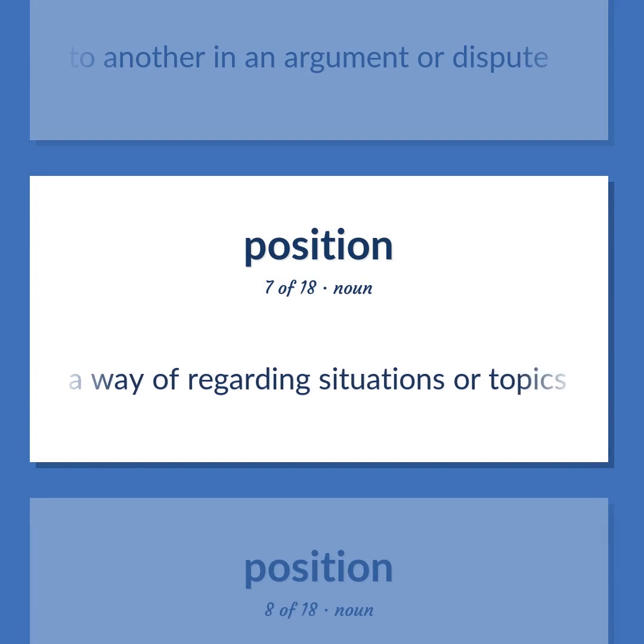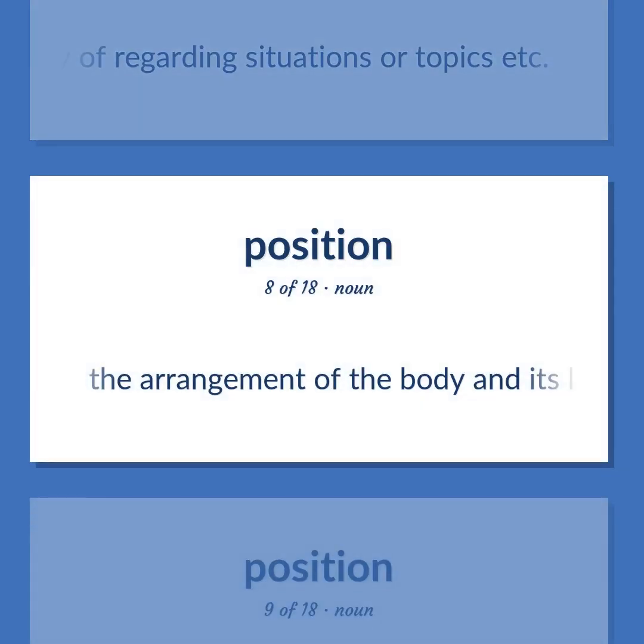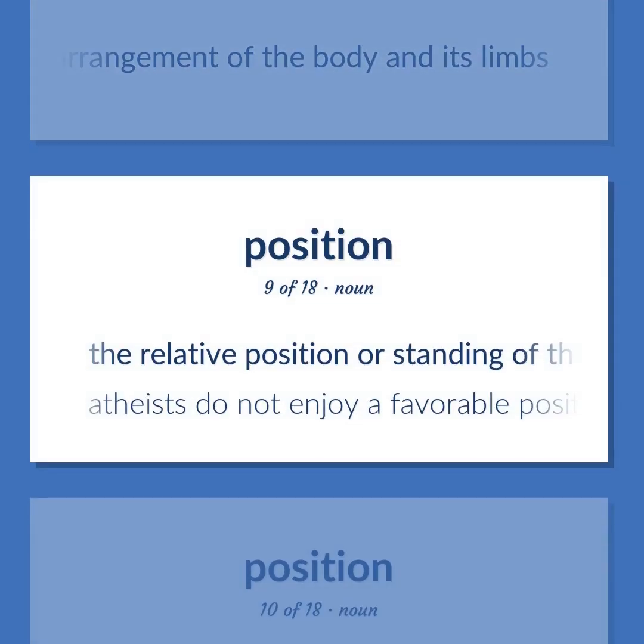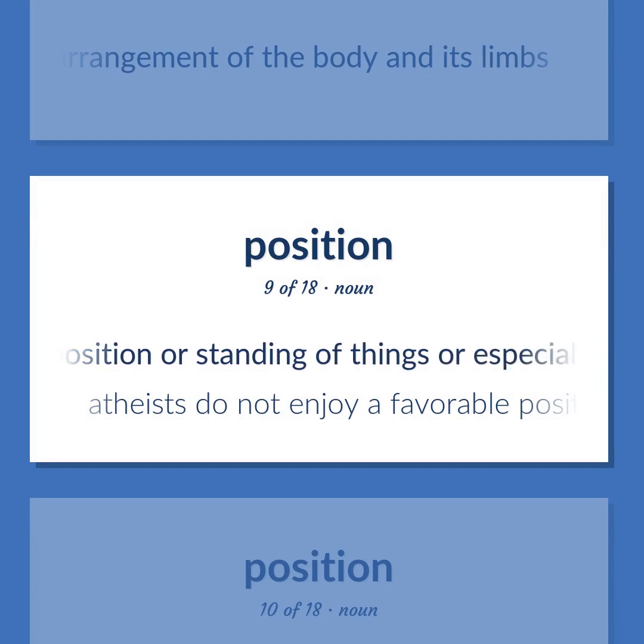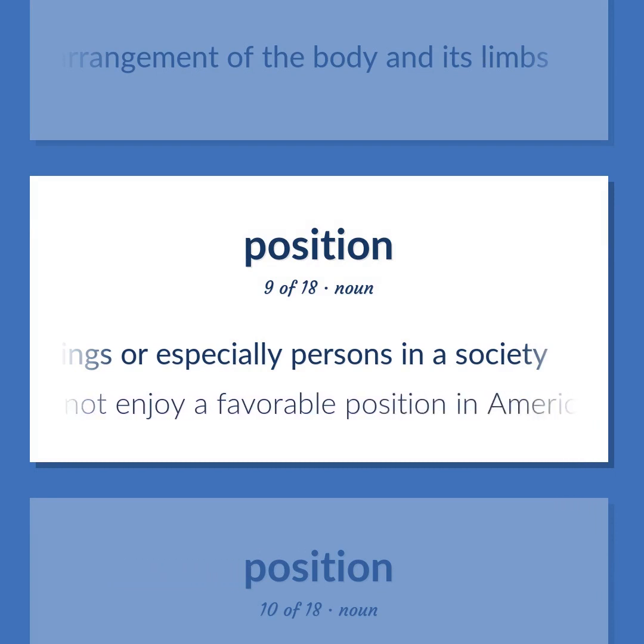A way of regarding situations or topics, etc. The arrangement of the body and its limbs. The relative position or standing of things or especially persons in a society. Atheists do not enjoy a favorable position in American life.